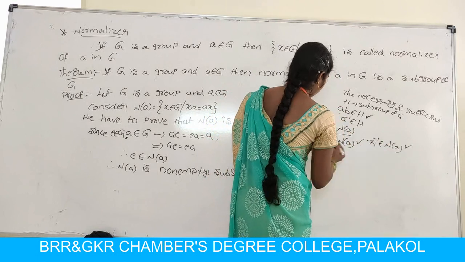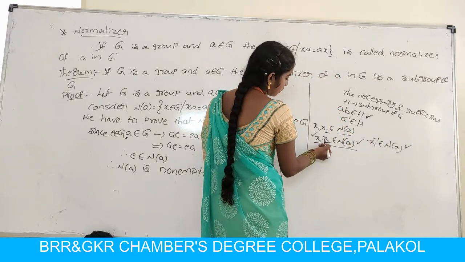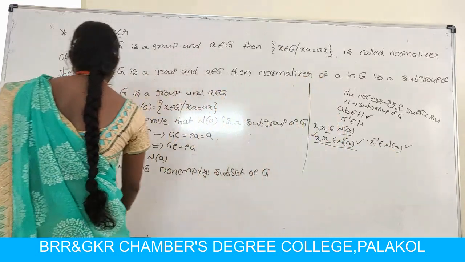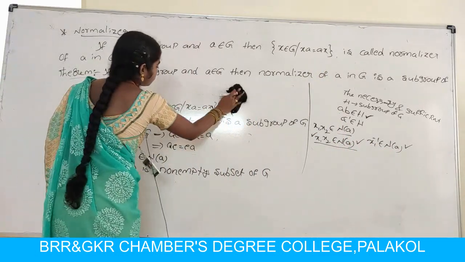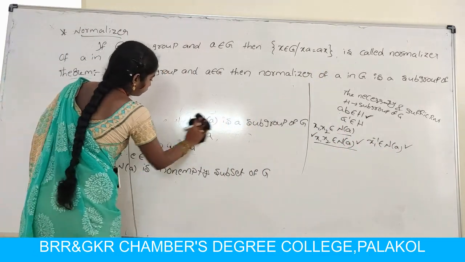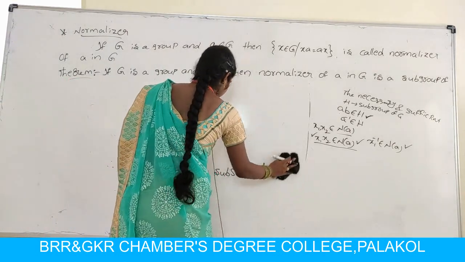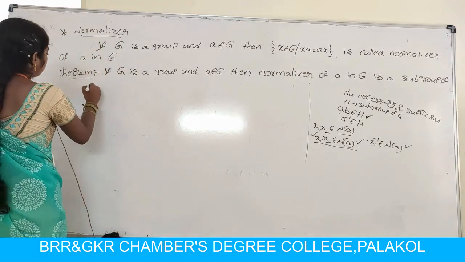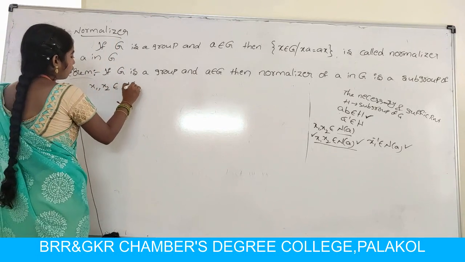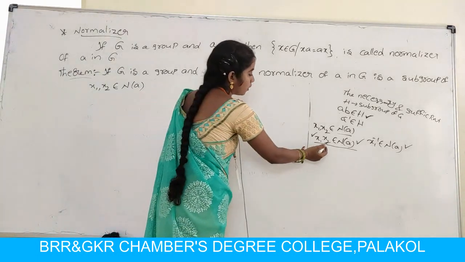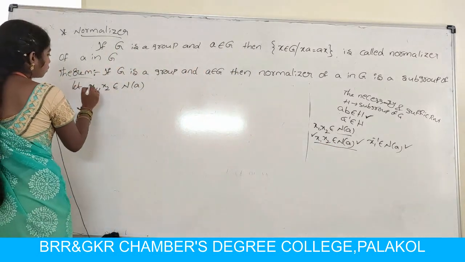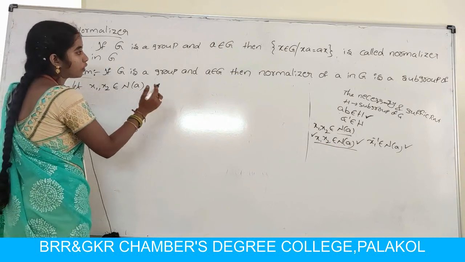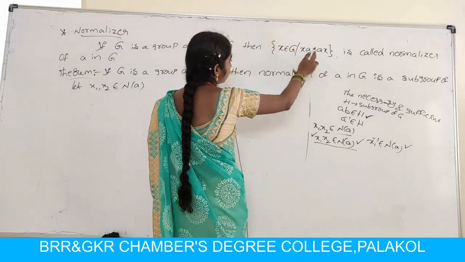So we have to prove, with respect to multiplication, x1 into x2 belongs to N of A, and second, x1 inverse belongs to N of A. Proof: x1, x2 belongs to N of A. Already you know that x belongs to Z, so xa equal to ax.